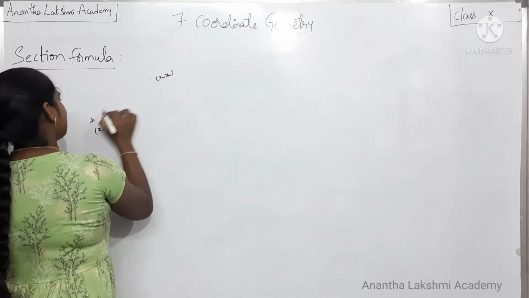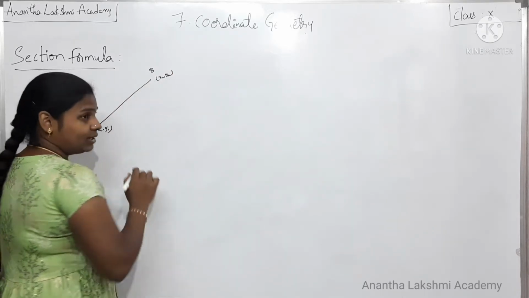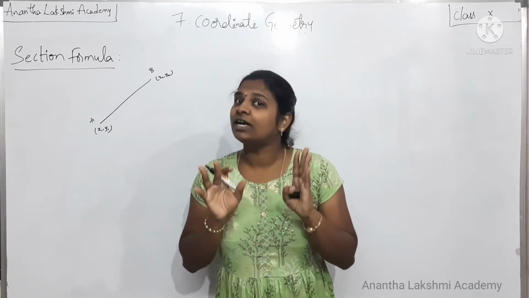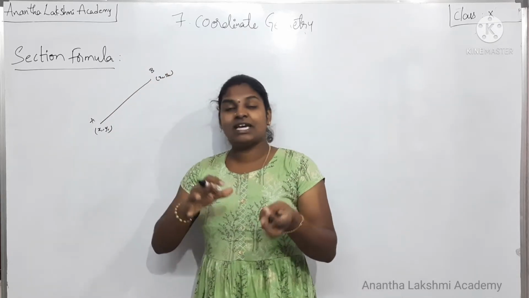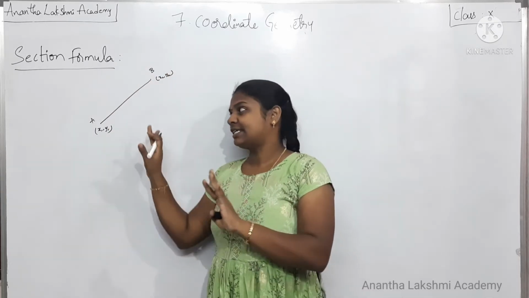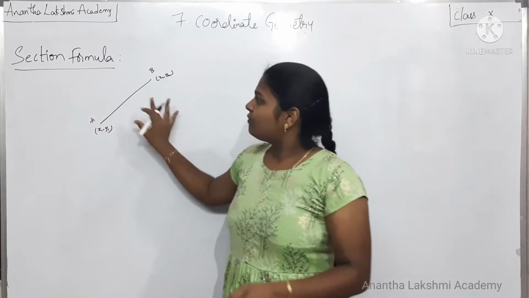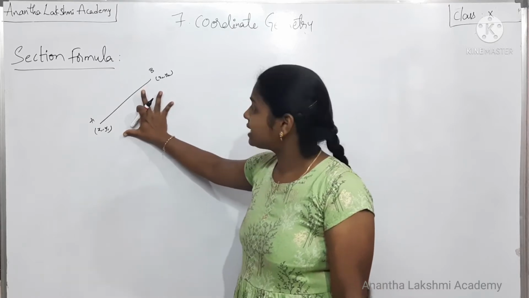Let me name this as A and the other as B. Remember, I took 2 points in such a way that it is neither a parallel line nor a perpendicular line. It's a slanting line, neither parallel to the x-axis nor to the y-axis.